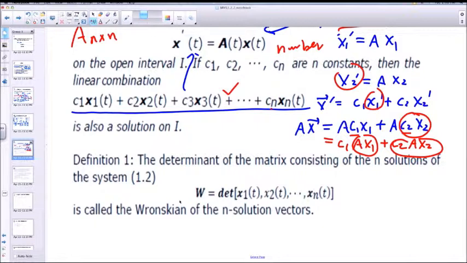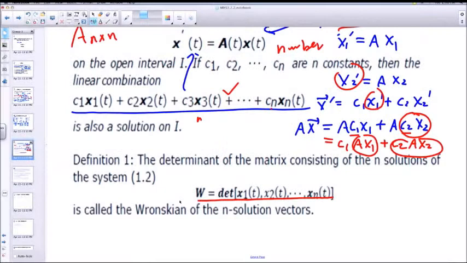It's a related concept. We're going to consider the determinant of all those solutions. Remember, each solution itself is a vector function. Let's say n equals 3, your first one might look like this. See, that's one solution. You have 3 functions.